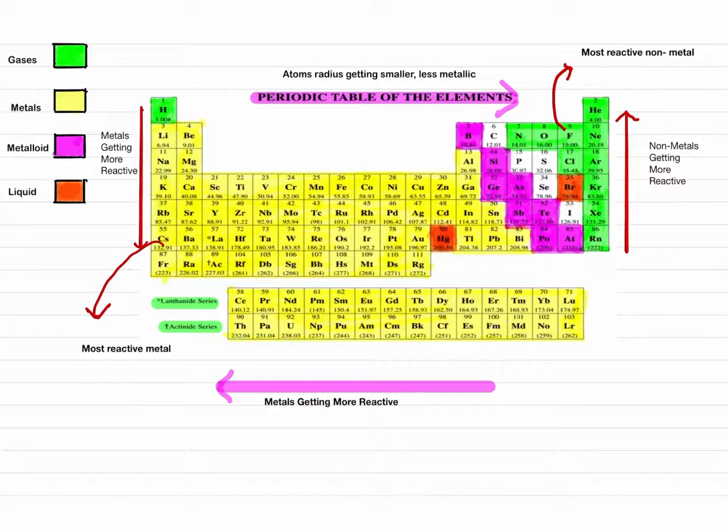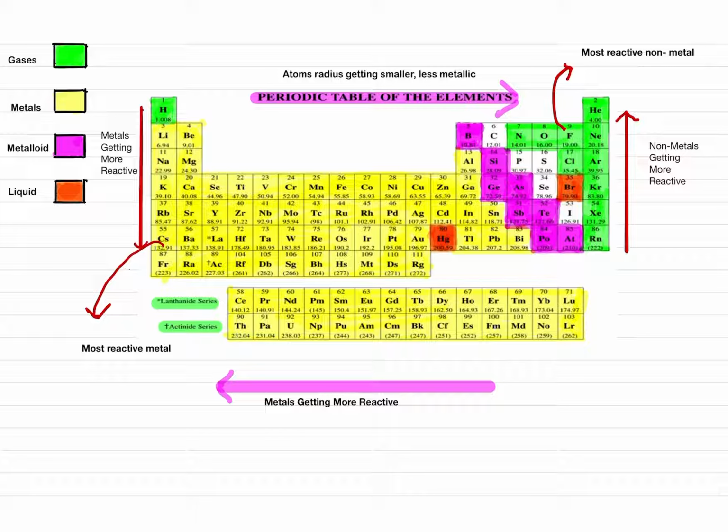Then we'll see a purplish, pinkish color that is known as metalloids. They have some properties of metals and some properties of non-metals, like boron, silicon, germanium, arsenic, antimony, tellurium, polonium, astatine. These are also used as semiconductors, and they are very important elements of the periodic table.